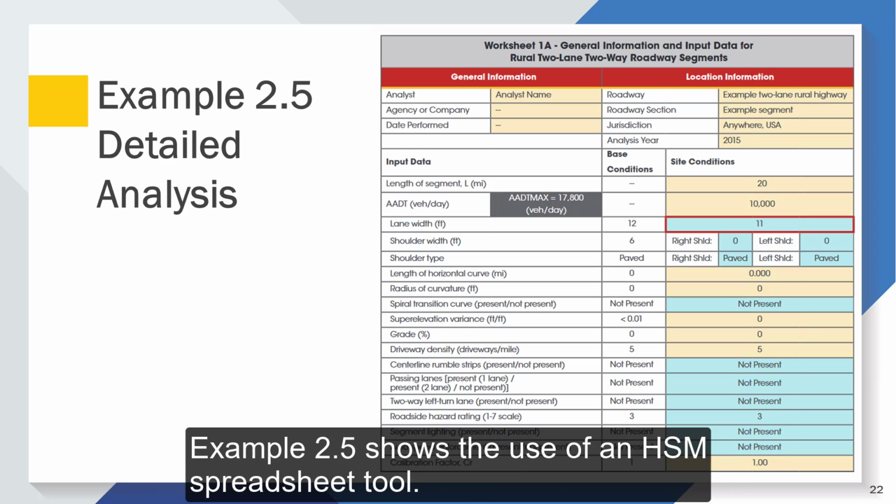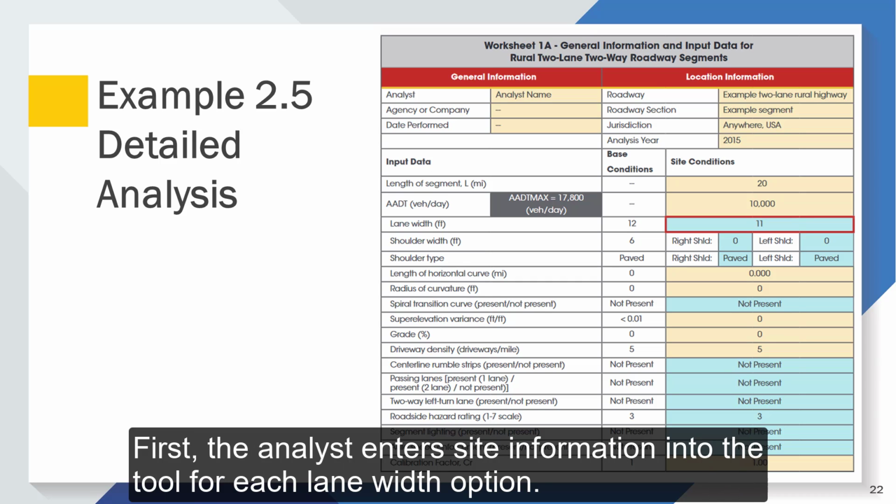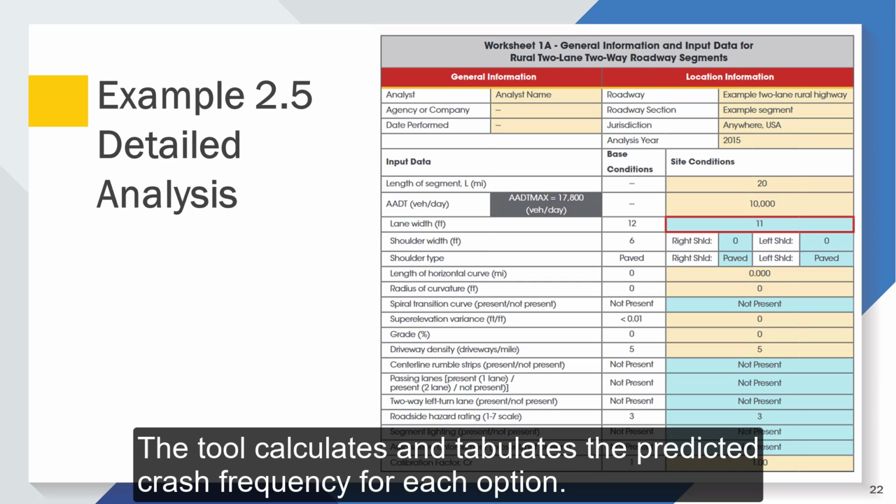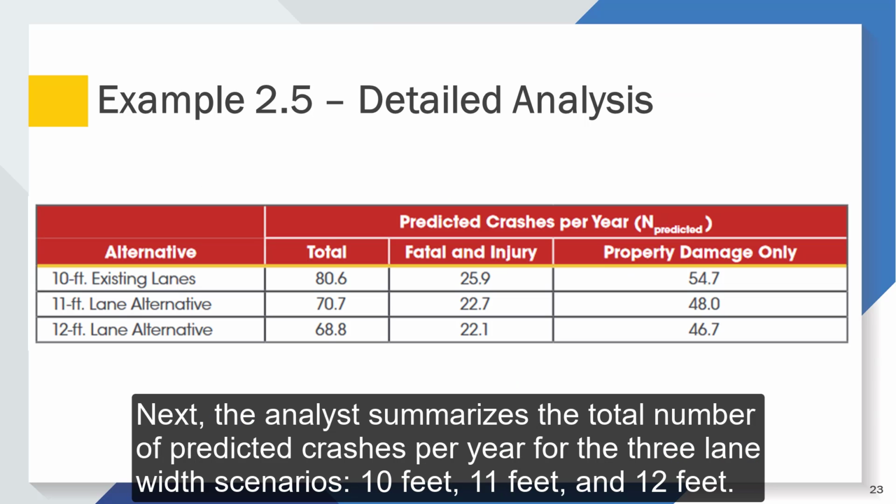Example 2.5 shows the use of an HSM spreadsheet tool. First, the analyst enters site information into the tool for each lane width option. The tool calculates and tabulates the predicted crash frequency for each option. Next, the analyst summarizes the total number of predicted crashes per year for the 3 lane width scenarios: 10 feet, 11 feet, and 12 feet.